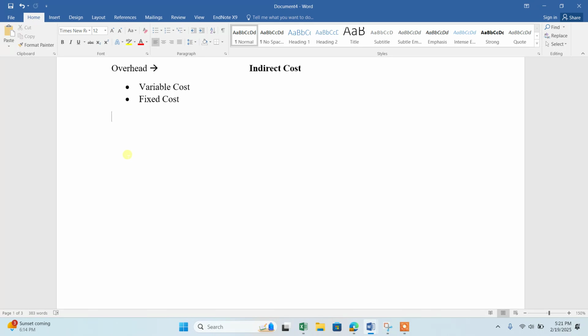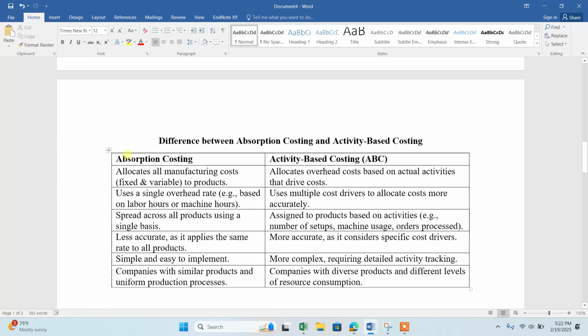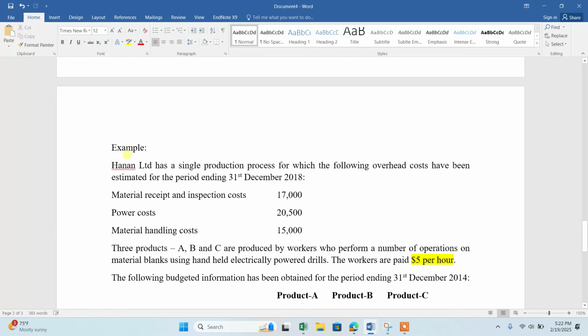For each overhead we have its own cost driver, so we divide the overhead cost based on those cost drivers. What are these cost drivers? We are going to understand that when we solve this question. So let's come directly to the question.